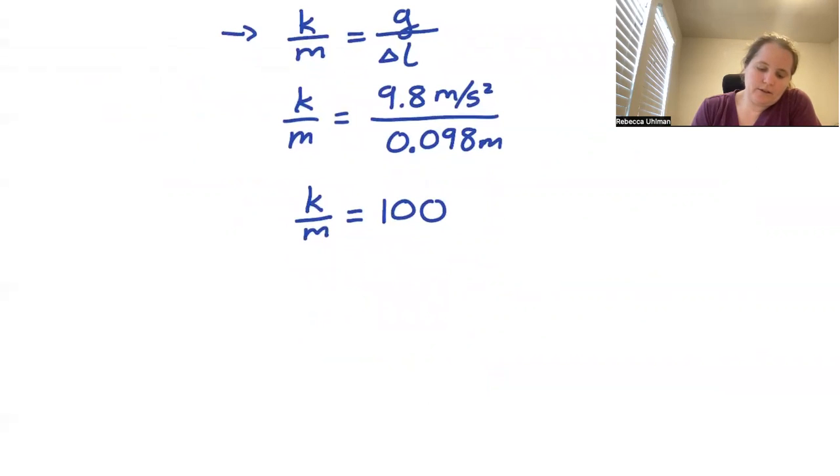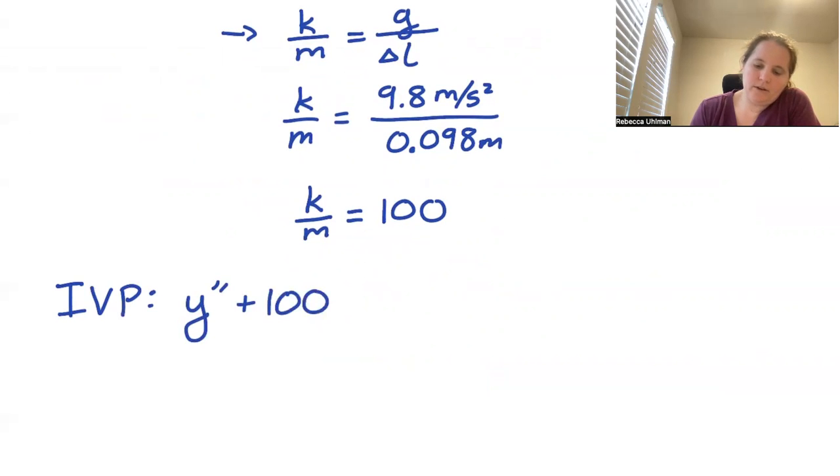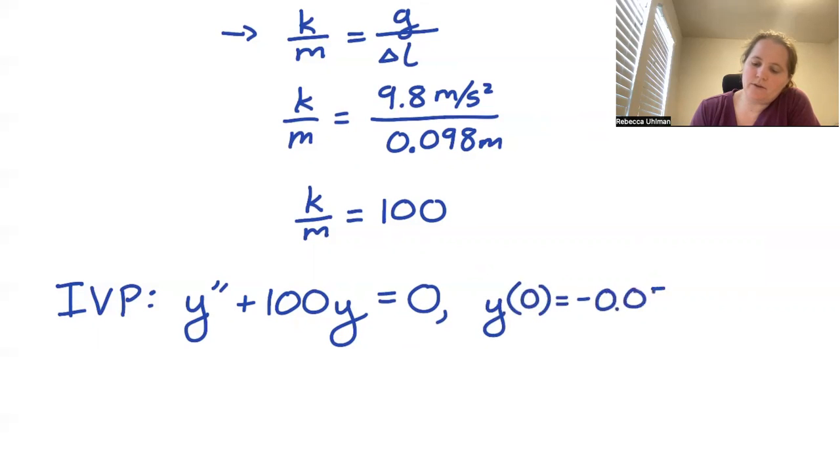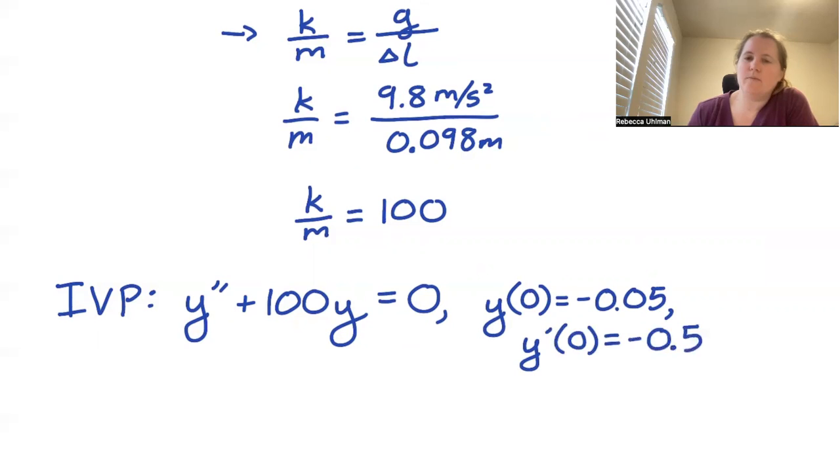So our IVP is now y double prime plus 100 times y is equal to 0, with y of 0 is -0.05, and y prime of 0 is -0.5.